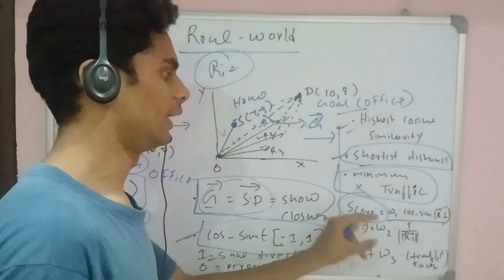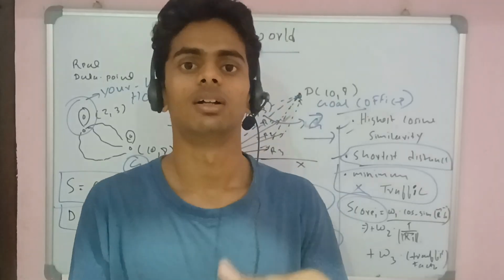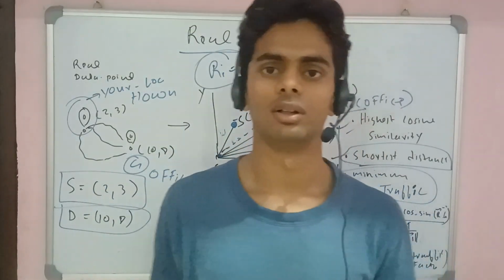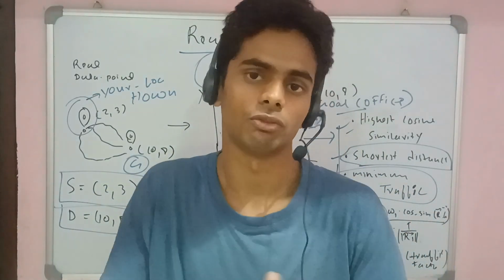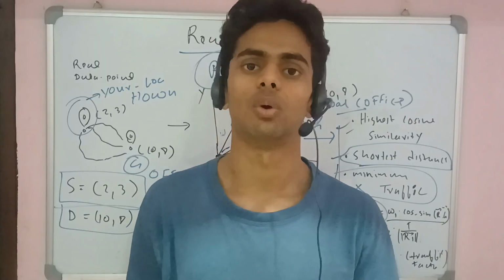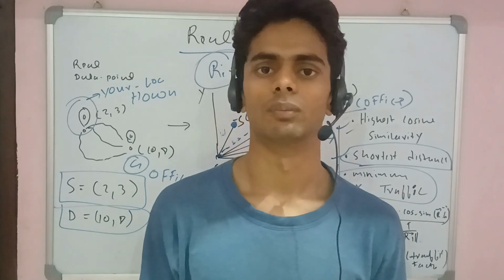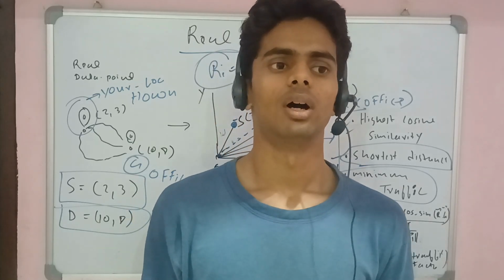We multiply the weights with all three factors and get the right output for training a model to predict which route is best. Adjusting weights and biases, gradient, back propagation, all of this happens inside it. So that's all about it.